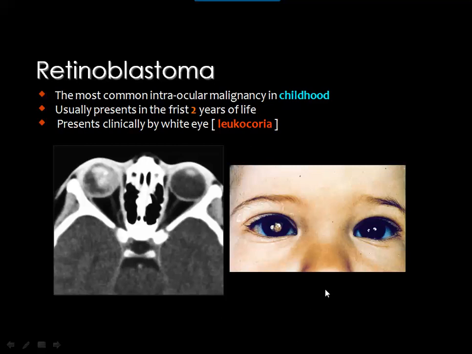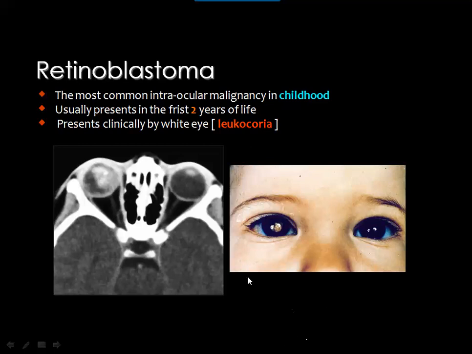Then retinoblastoma is of course a disease of childhood, and it usually presents in the first 2 years of life. And commonly the patient presents with white eye or leukocoria, and here you can see that the pupil is white instead of being black.